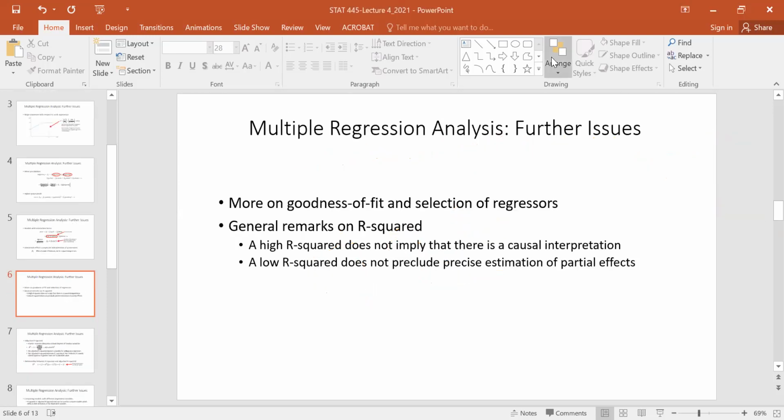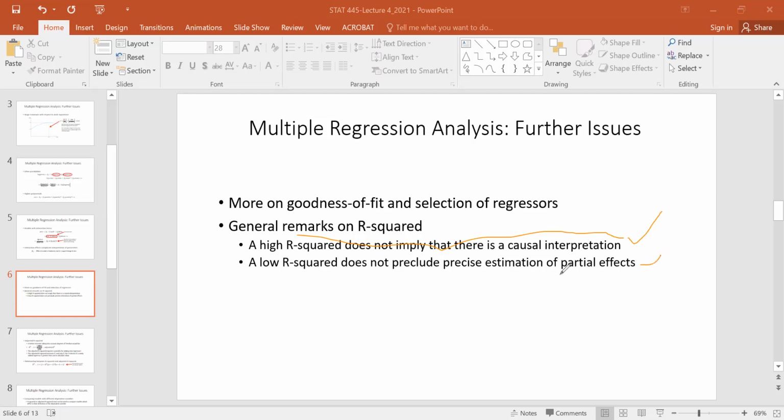Okay, more on goodness of fit. Our R squared measures how well the regression model explained variation in the Y variable. Remember, a high R squared does not imply a causal interpretation. I've talked about causality already. And a low R squared does not make the model useless.